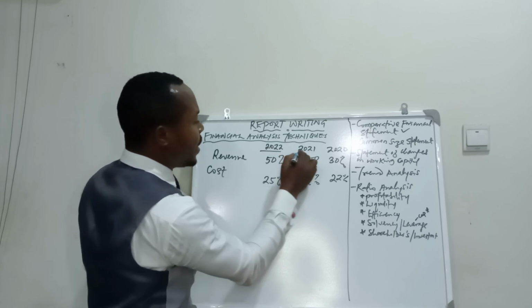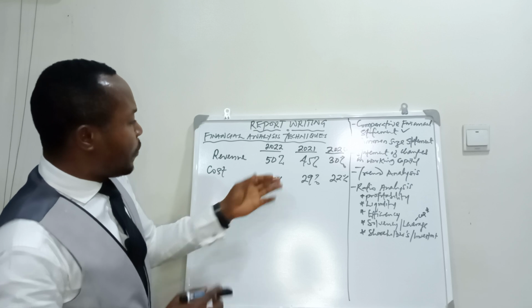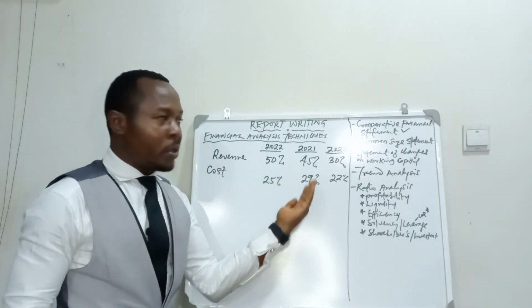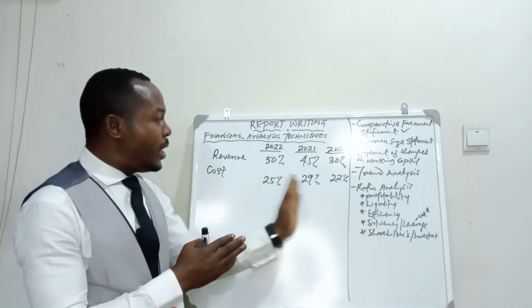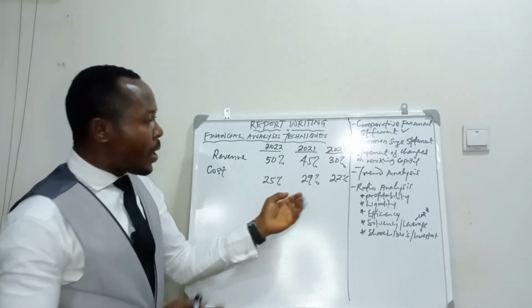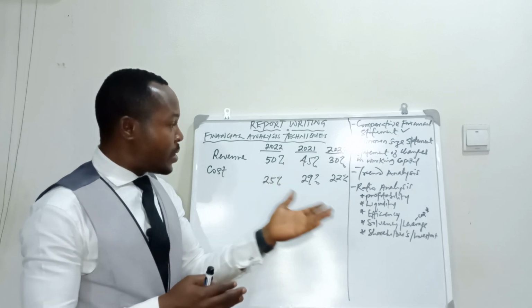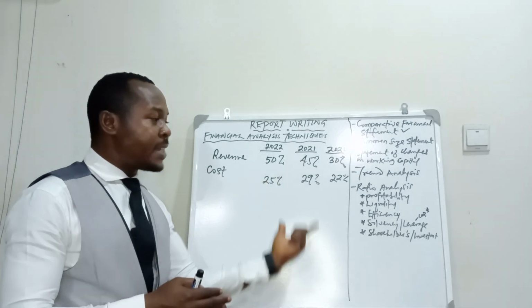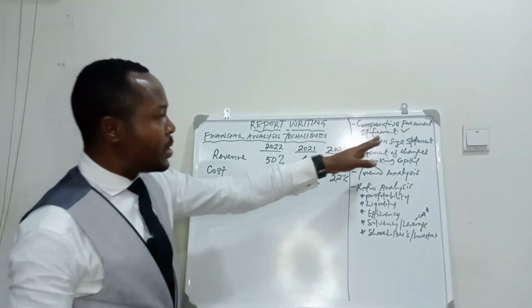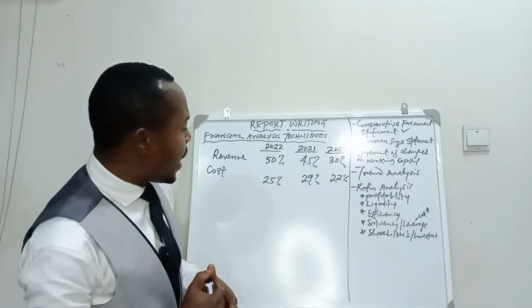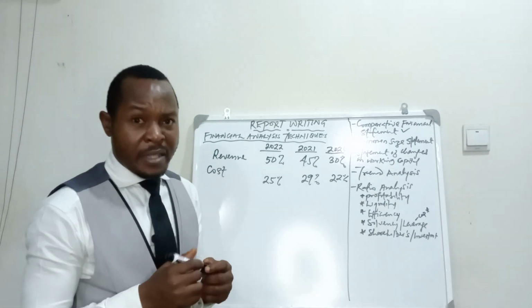So what we are saying here is you have put the years by each other. That is comparative financial statement, putting the years by each other to compare the performances of either the operations or the sales, or whatever item you want to look at inside your income statement.